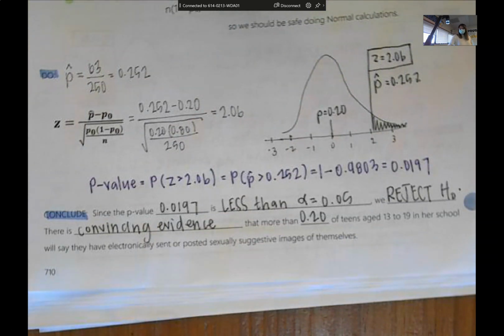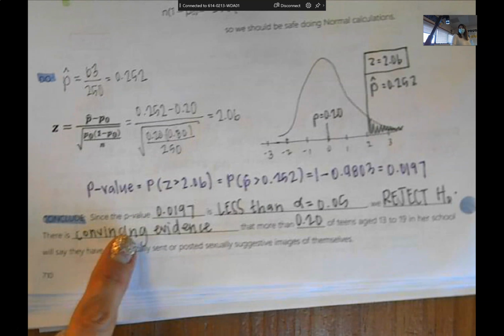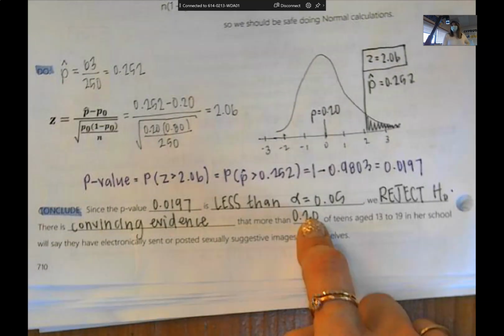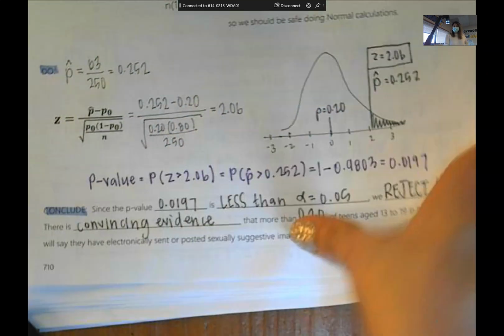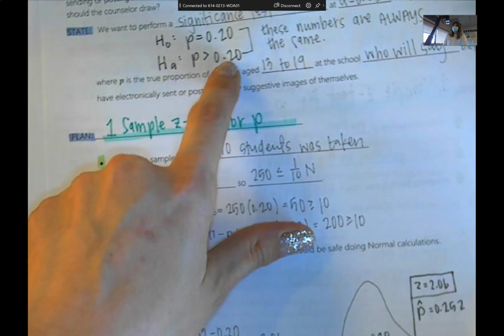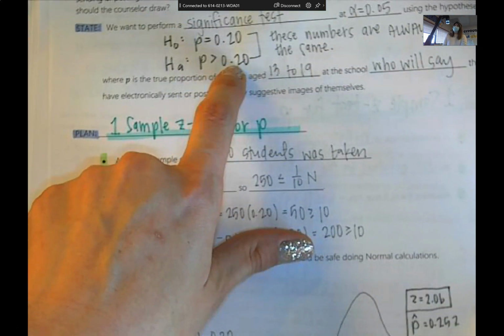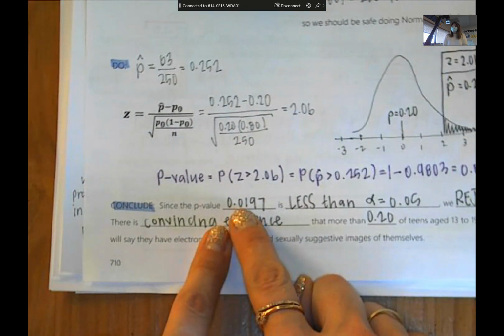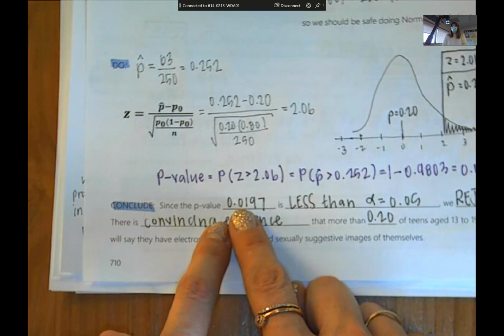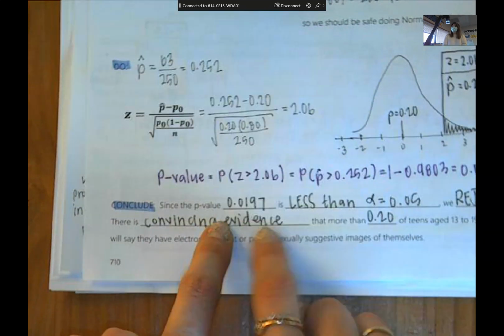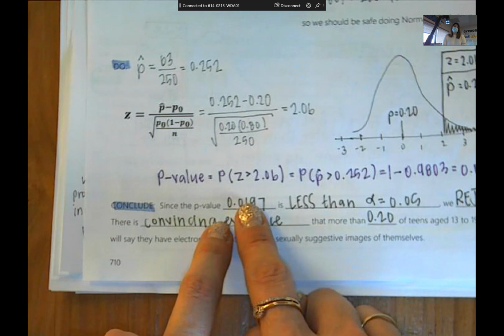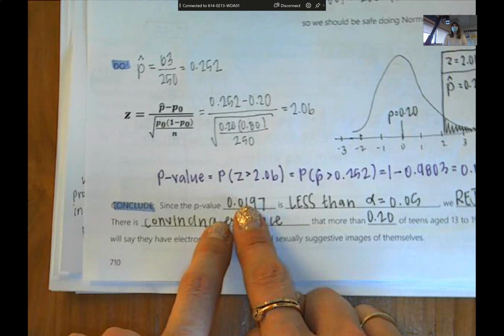The reason that we're saying we have convincing evidence that more than 20% do this is because that's our alternative. And the convincing evidence is that if it truly were 20%, the chances she would have gotten a sample this high are 2%. So 2% is way too low. That must mean that at her school it's higher.